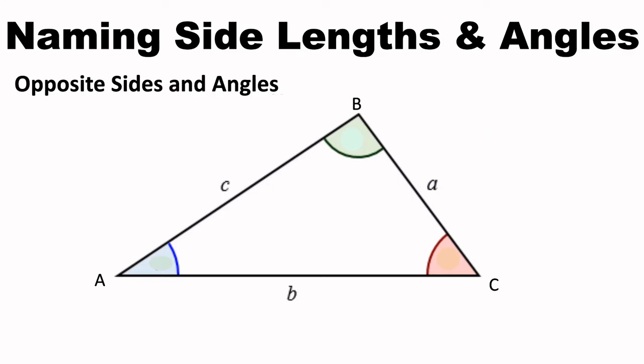We could name the side lengths and angles of a triangle depending on what they are opposite.